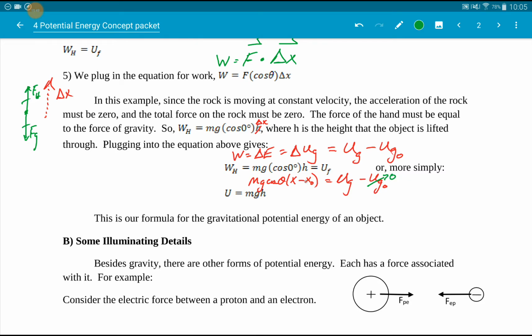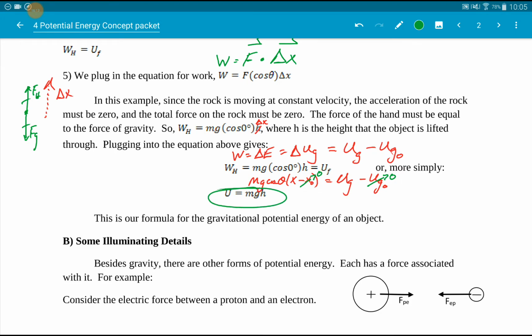Well, that means that my position at the beginning was 0 as well. And so now when both of those are 0, it's just mg cosine theta times the ending position. Well, the ending position, since it's a height here, most people will call some height that you moved up there. And so then you'd just be calculating the ending gravitational potential energy.